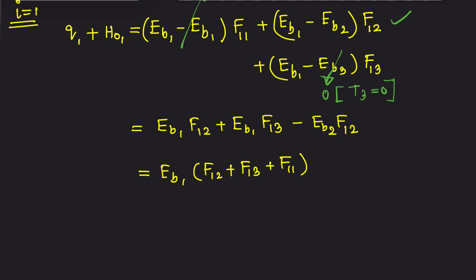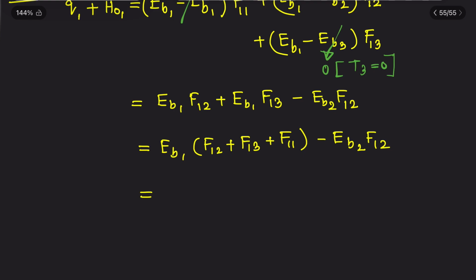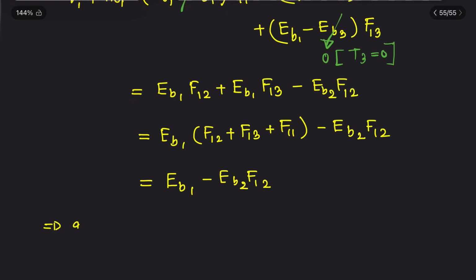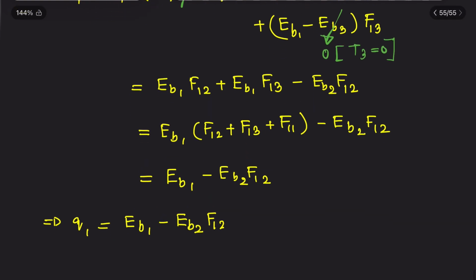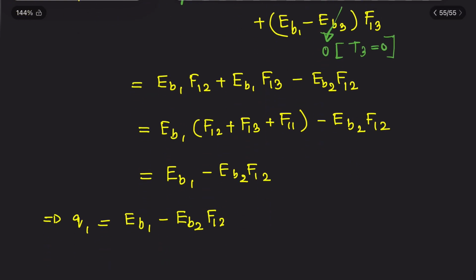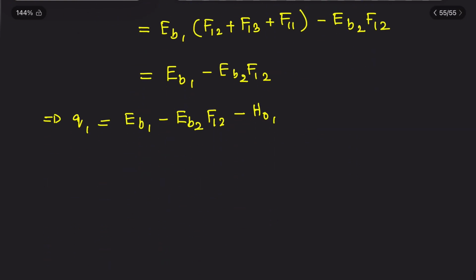So adding F11 is as good as adding 0. So now we know that the summation of F12, F13 and F11 is 1. So this is EB1 minus EB2 F12. That means my Q1 is equal to EB1 minus EB2 F12 minus HO1.